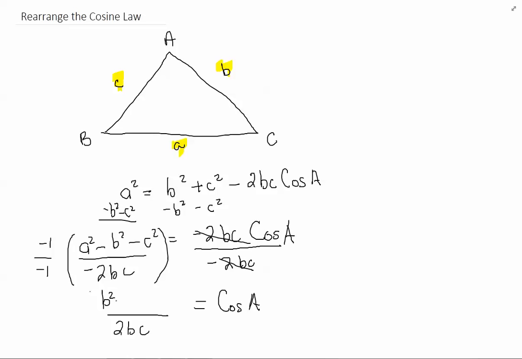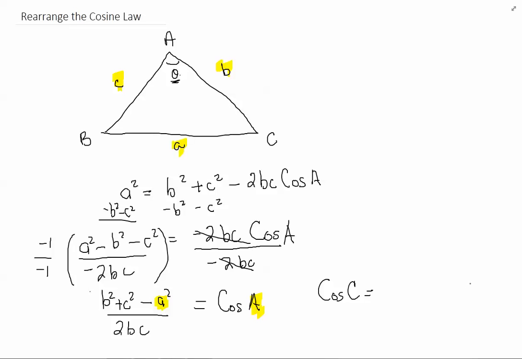So I go b squared plus c squared minus a squared. So the side that's subtracted and the angle opposite, those are the two that work together. So in this instance, I would be looking to find A. But I could just as easily be looking to find C. So the cosine of angle C is going to equal, and I just interchange those pieces.